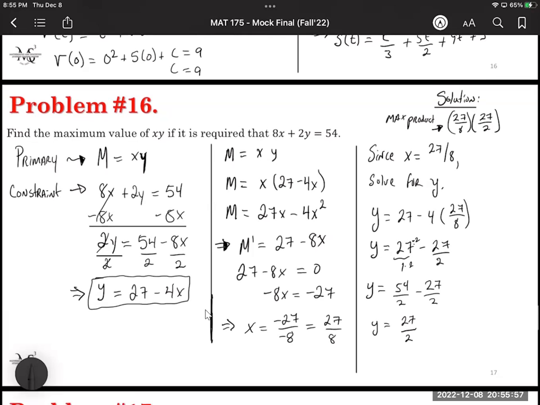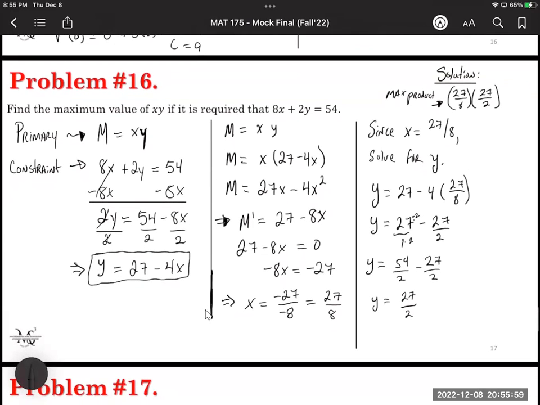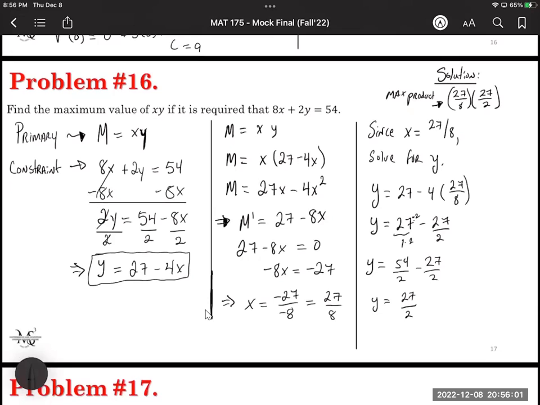The one thing that I omitted here, by the way, justifying that all of this is legit work that we're doing, is that you can check that x equals 27 over 8 is a max. You can check by the second derivative test.